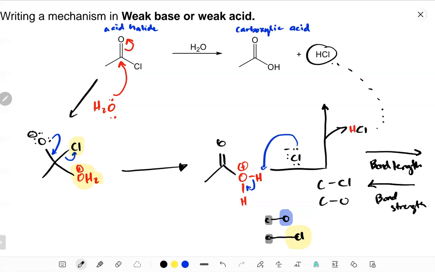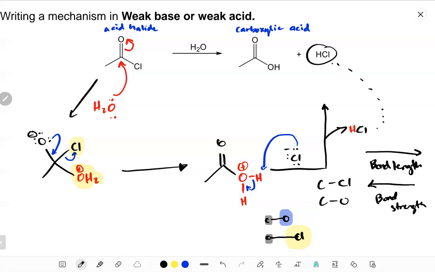Remember that there are electrons in the electron cloud of this carbon and also in this chlorine atom. If they draw closer to each other, they will get repelled. That is why they tend to be a little more distant compared to the carbon-oxygen bond, and that is due to the atomic size of the chlorine atom.